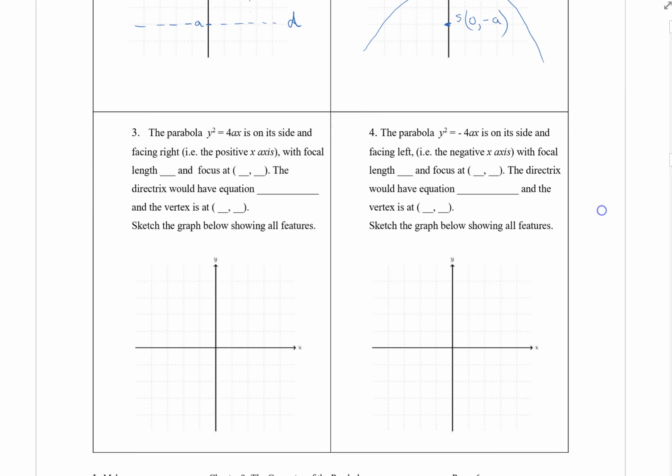Okay, what about when we swap the x and the y now? I'm not sure whether you would have done very much work on this previously or not, but this is a sideways parabola.